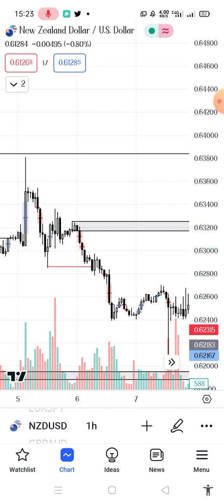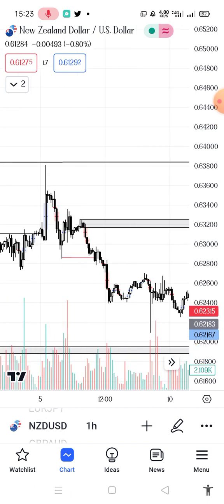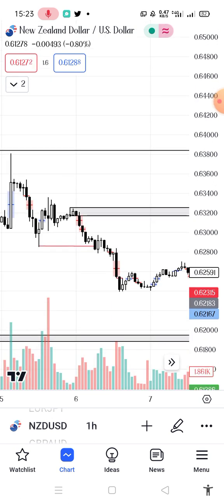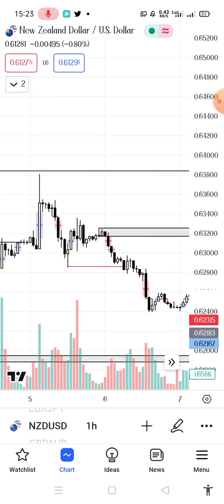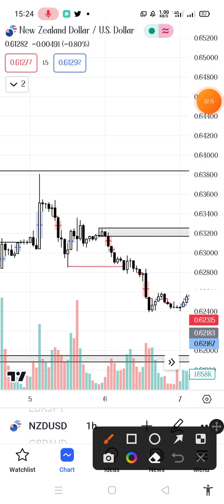You simply target the last low, the last higher low. If we want to pair it with a bearish order block, you look for the last low before this other uptrend structure was taken.